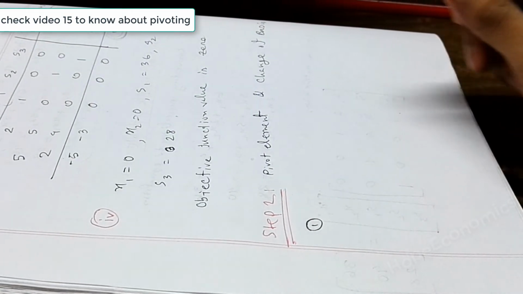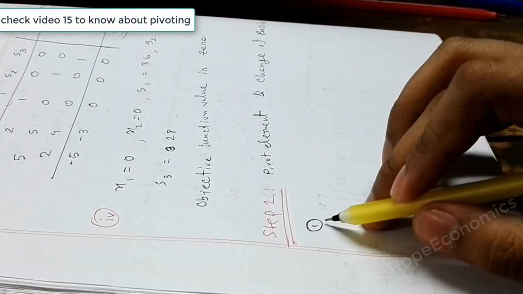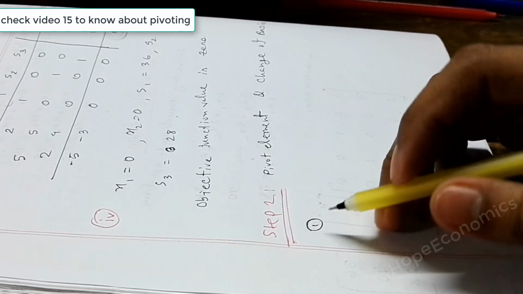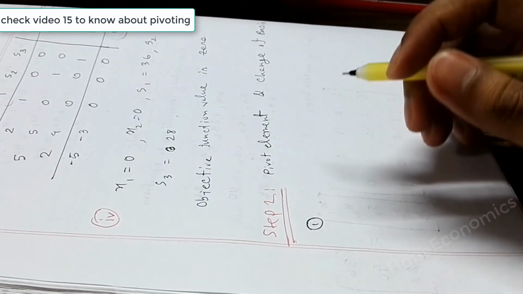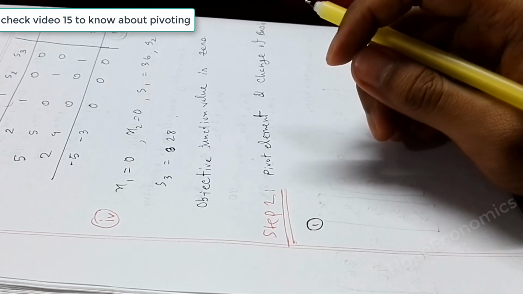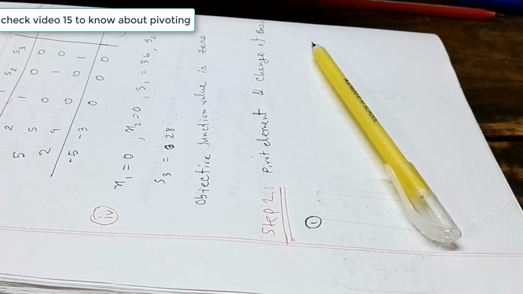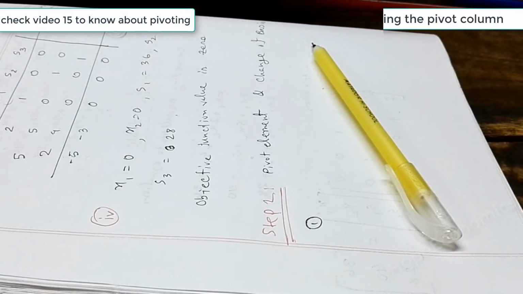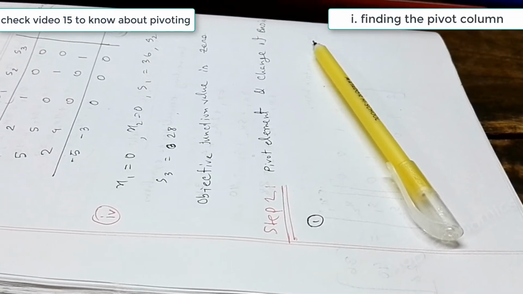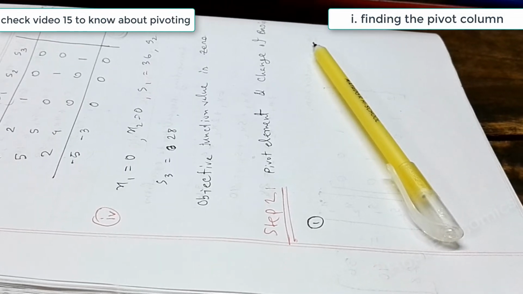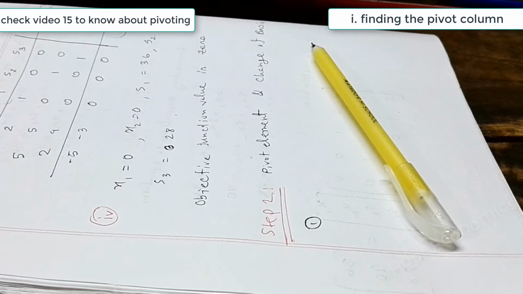So first, in step 2, number 1, we are going to find the pivot element. So how are we going to find the pivot element? The negative indicator with the largest absolute value determines the variable to enter the basis.